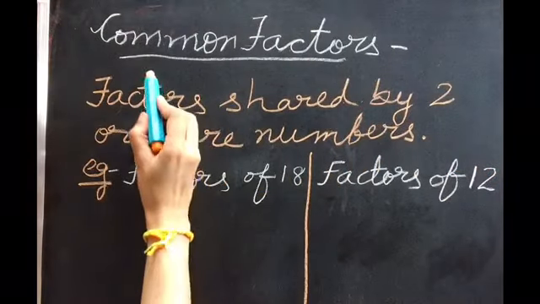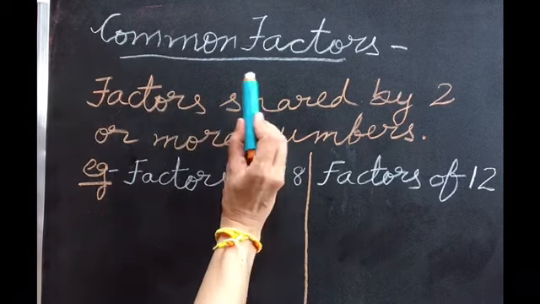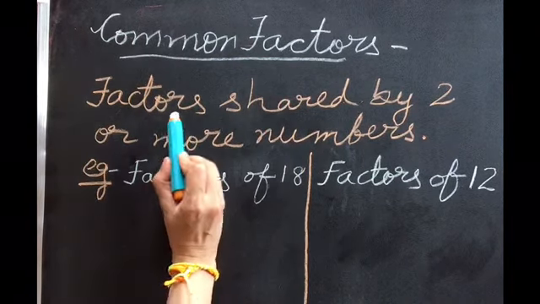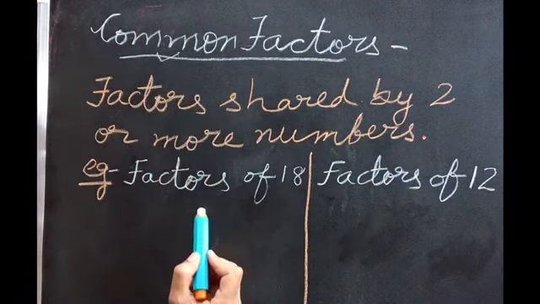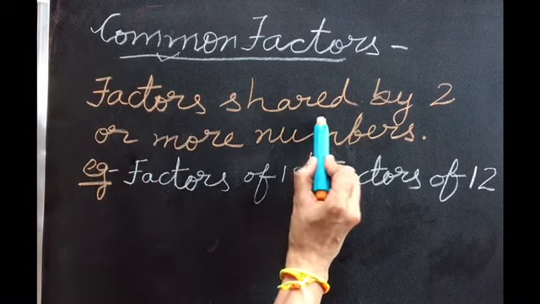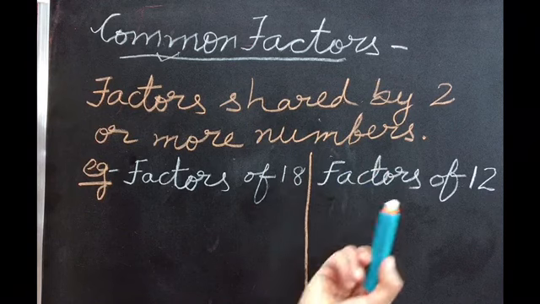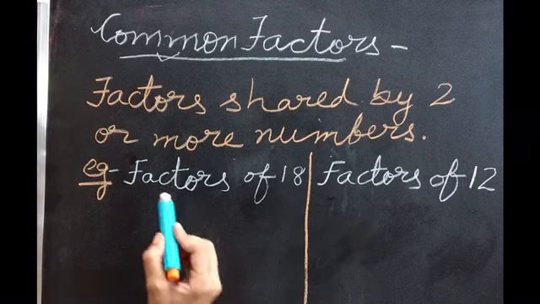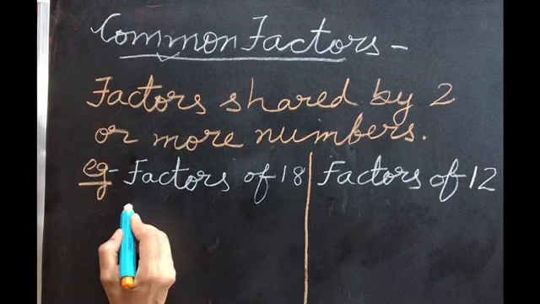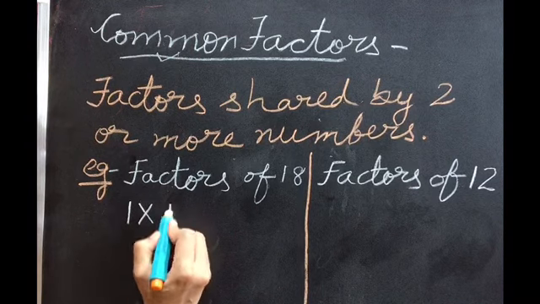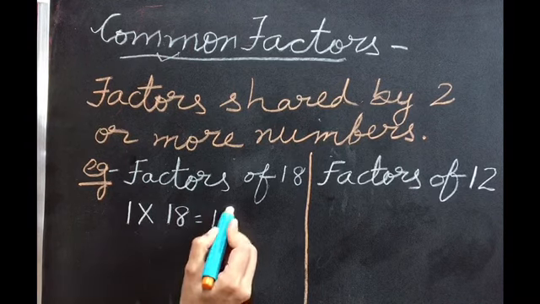Now next thing in this is common factors. Common, which is shared by all the numbers. So factors shared by 2 or more numbers are common factors. Let us take an example to solve this. Factors of 18. 1 multiplied by 18 is equal to 18.